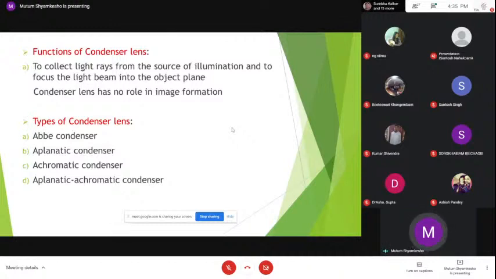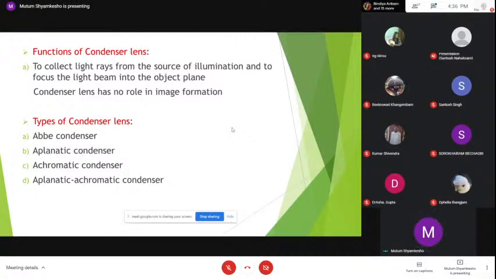A proper adjustment of the condenser lens and of the illuminating ray is important to get sharpness, depth of focus, as well as contrast in the image formed by the microscope.